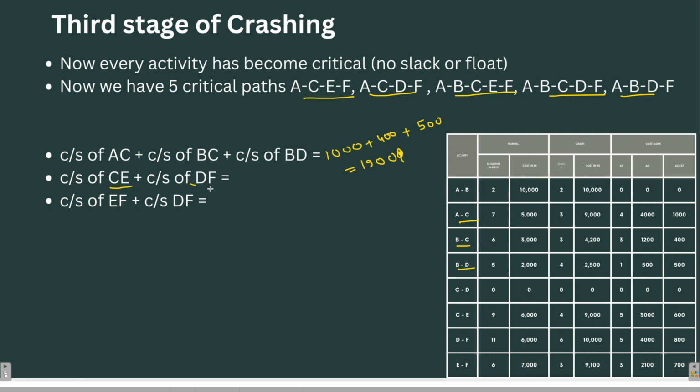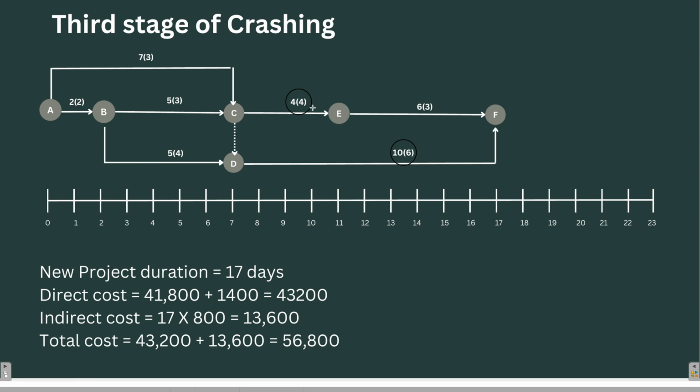Out of CE and DF, it is 600 plus 800, that is 1400. And DF and EF, it is 800 plus 700, which is 1500, right? So which one is minimum? Of course, CE and DF is the minimum, 1400 per day for crashing this one. So let's crash CE and DF.